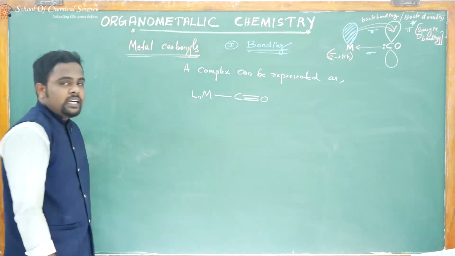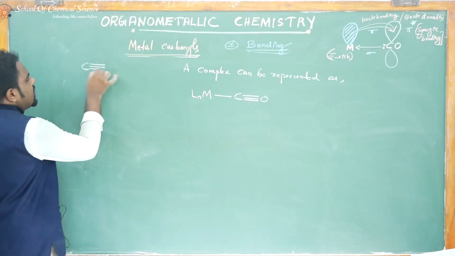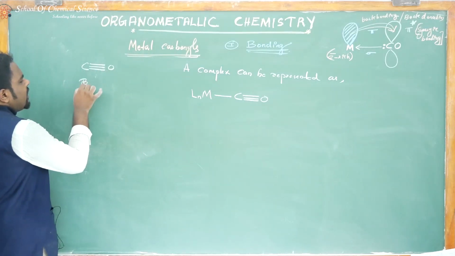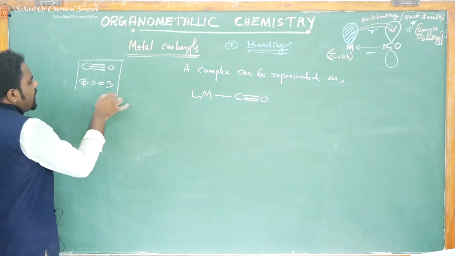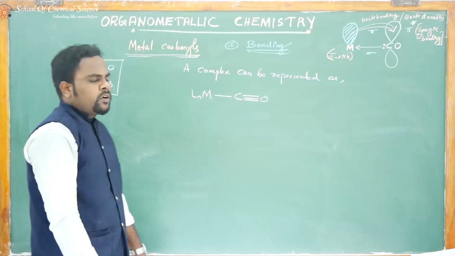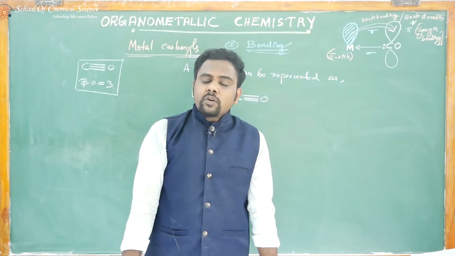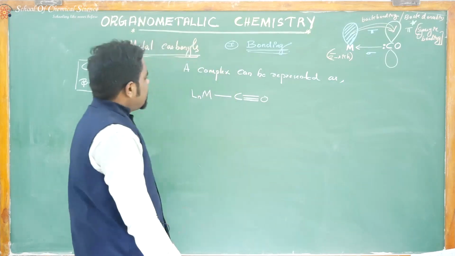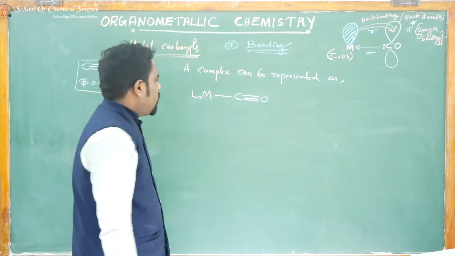Carbon monoxide is C triple bond O. Its bond order is equal to 3. If carbon monoxide is independently present, the bond order of carbon monoxide is 3. So this is a complex, a metal surrounded by n ligands and C triple bond O.